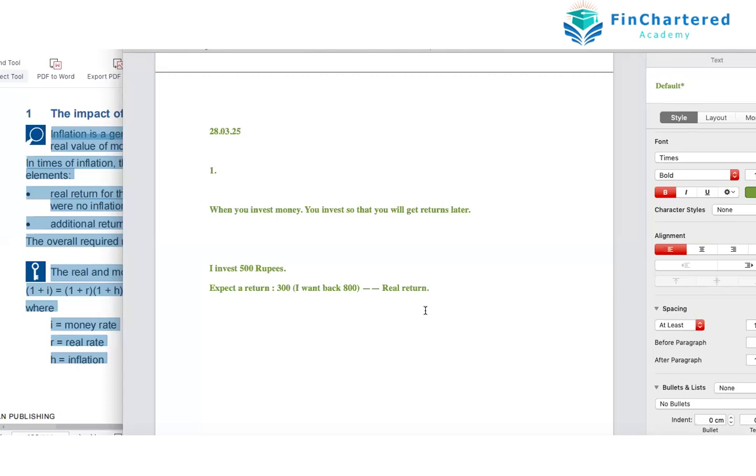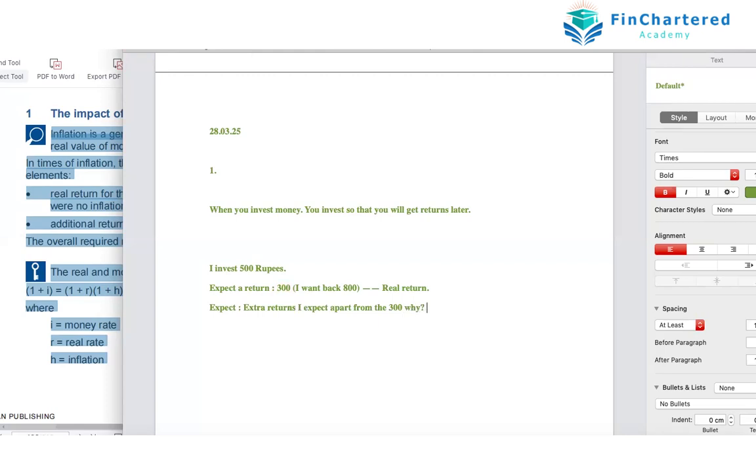Apart from this, what do I want? I also want extra money. Not only, see, 300 is what I want, but apart from that, I expect extra returns apart from the 300.